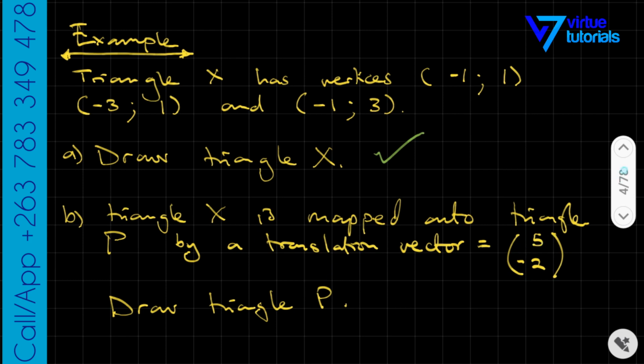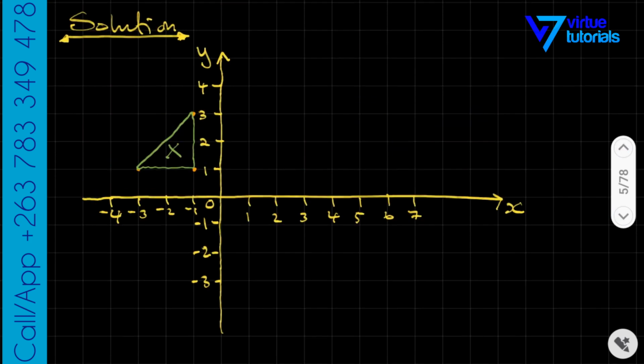So if you want to find the coordinates of the image, you just take the coordinates of the original shape and then add the translation vector T.